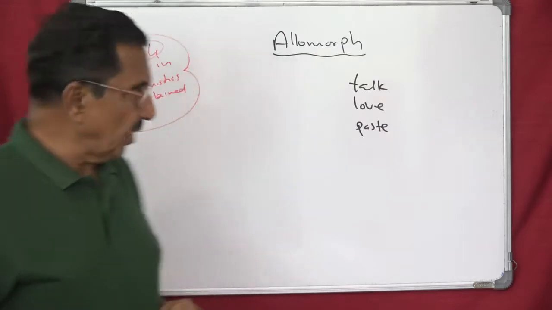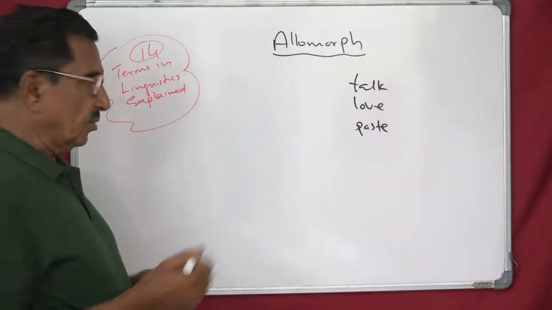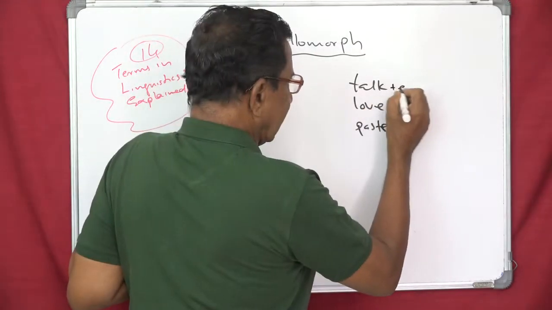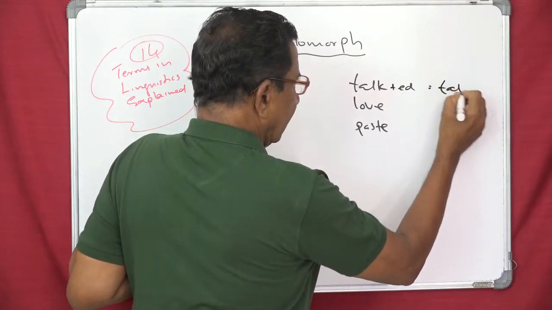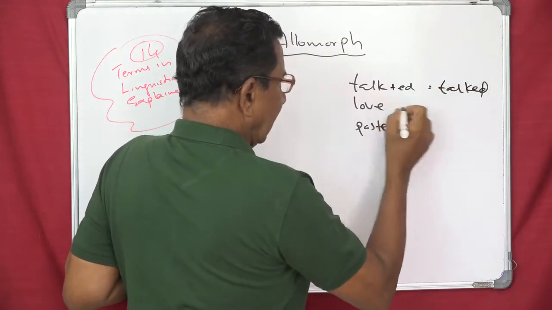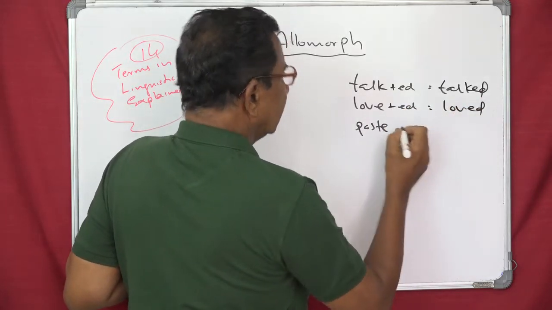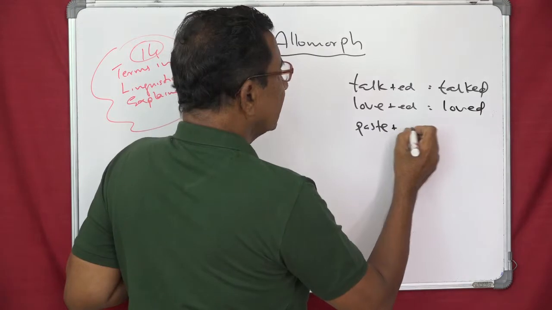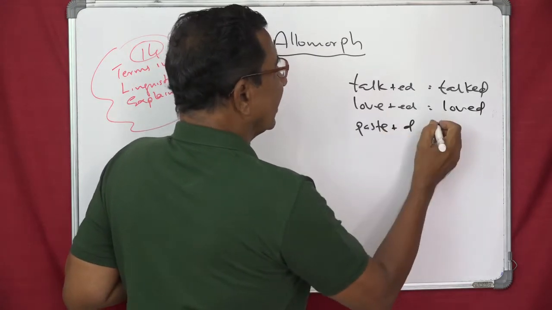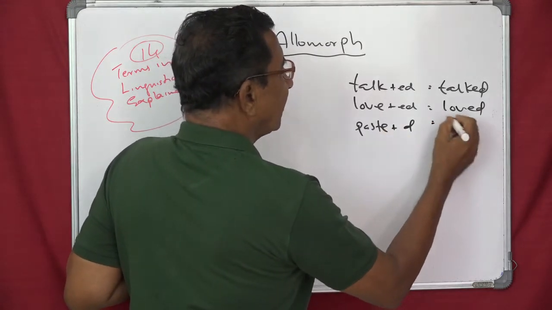But when you add one more morpheme to this, you get talk plus ed, that is talked, past tense. Love plus ed, you have loved, past tense. Paste plus d, the e is already there, then you get pasted.